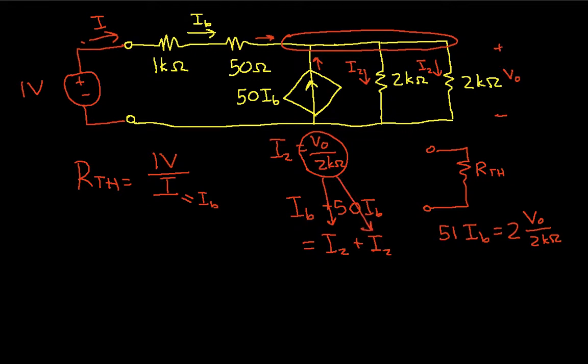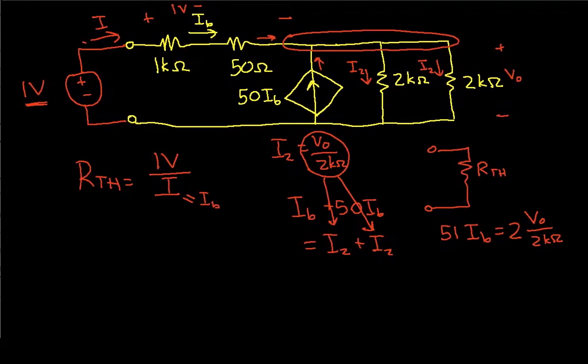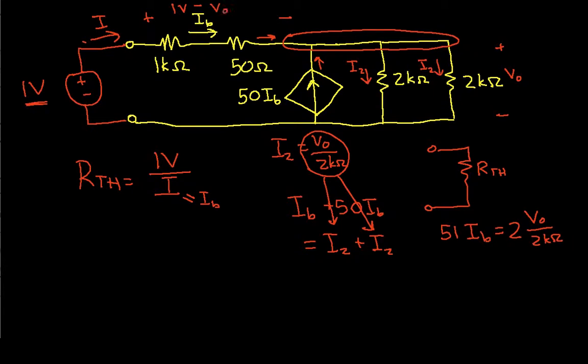Okay, now the last thing we need to do is come up with an expression for I sub B, which we can get by noticing that if we have a 1 volt source here, the voltage across the series equivalent of the 1 k ohm and the 50 ohm is given by 1 volt minus V0.